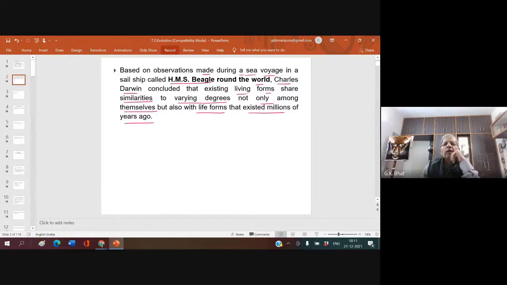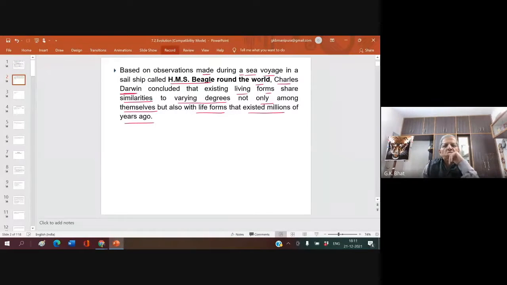You may be surprised to learn that Charles Darwin joined a medical course because of the force of his parents and did not complete medicine. Did you know that?